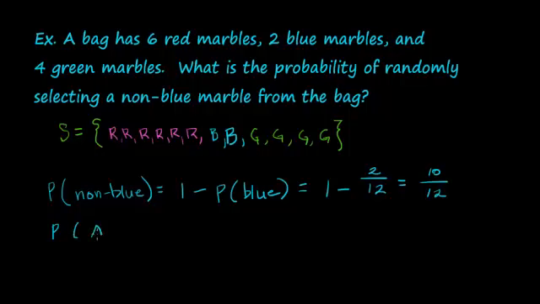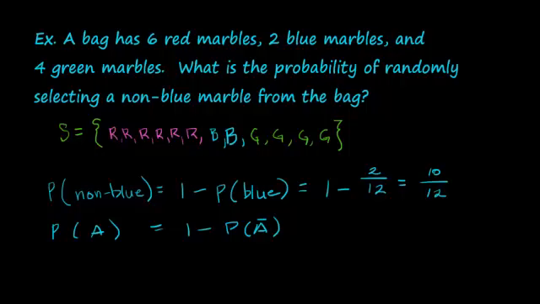Probability of A is equal to 1 minus the probability of not A. So we were interested in non-blue, so we said 1 minus the probability of blue. And those are the only two possibilities here in this sample space. We've accounted for every possibility, and you pull a marble out of the bag, you either get a blue or a non-blue. And our probabilities here should sum to 1.